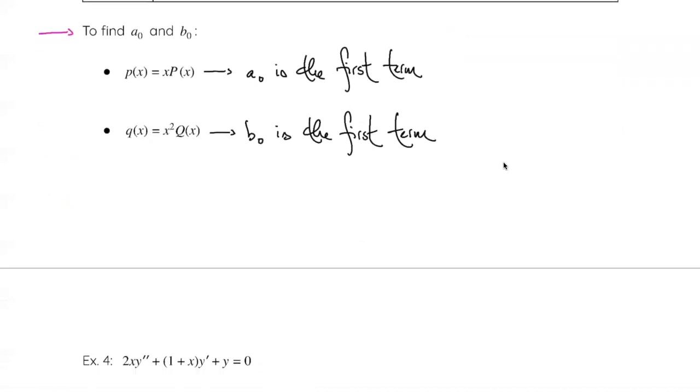All right. So knowing that, let's go ahead and take a look at what we have for our examples. We have this example: 2x y double prime plus 1 plus x, that quantity, times y prime plus y equals 0. And so the first thing we should be thinking is, let's go ahead and turn this into standard form, right?